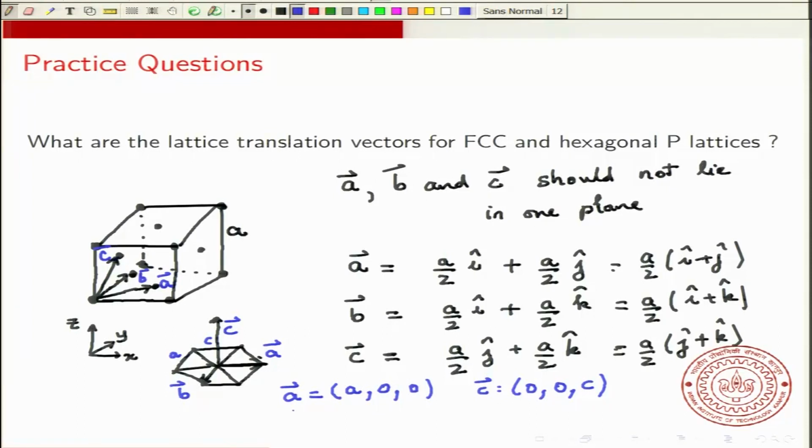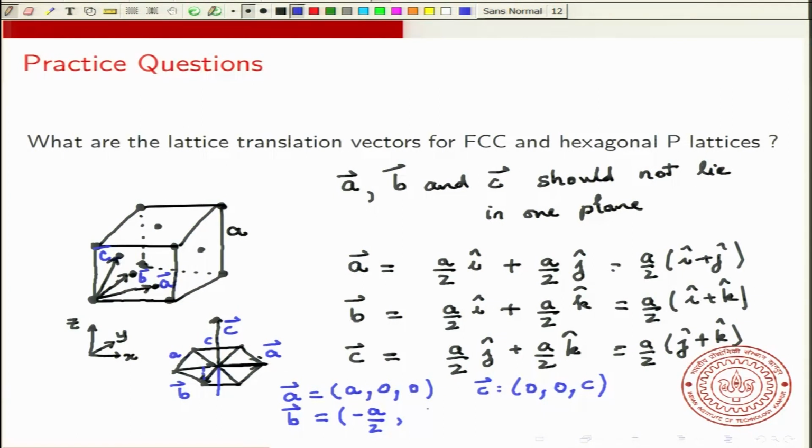But what about the B vector? To calculate it, you see that it has a component on the x direction equal to minus a/2. You have to do some trigonometry. If you drop a perpendicular here, this length is a root 3 by 2 and this is a/2 in the negative x direction.